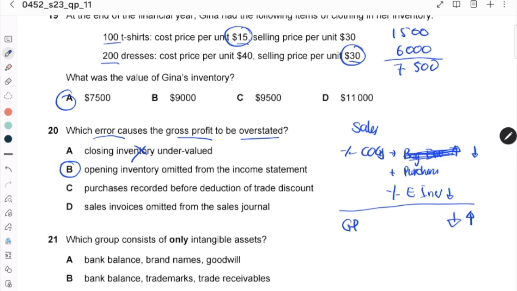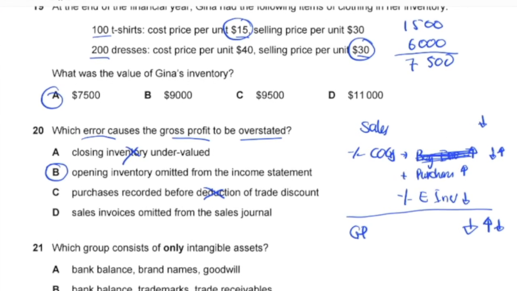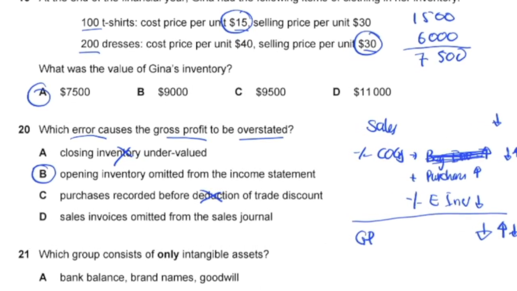So the answer is B. But let's see C and D. Purchases recorded before deduction of trade discount means purchases are overstated, COGS will be overstated, then the GP will be understated. So it's not. Sales invoice omitted from the sales journal means sales will be understated, COGS the same, then gross profit will be understated. So the answer is B.